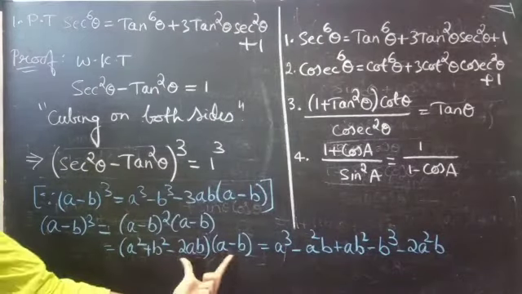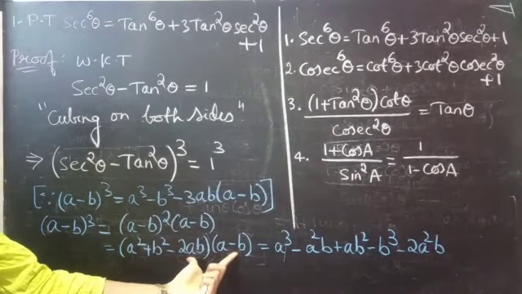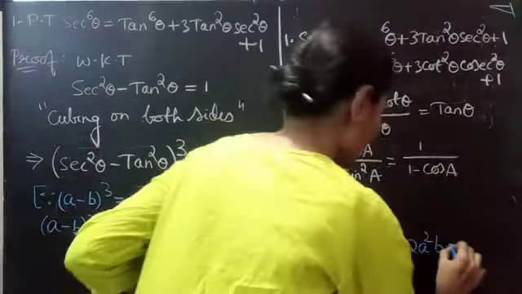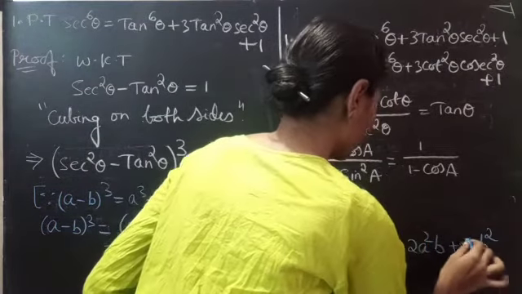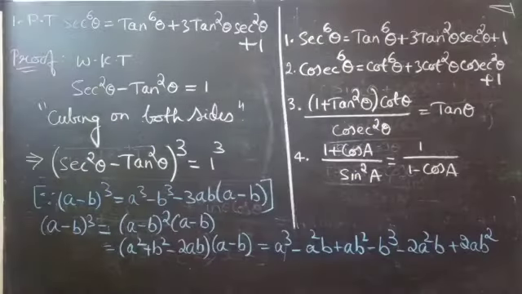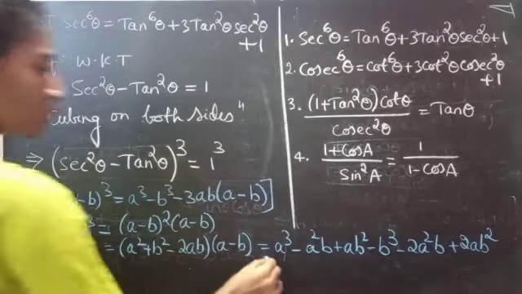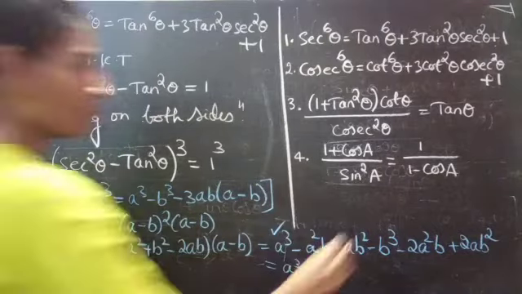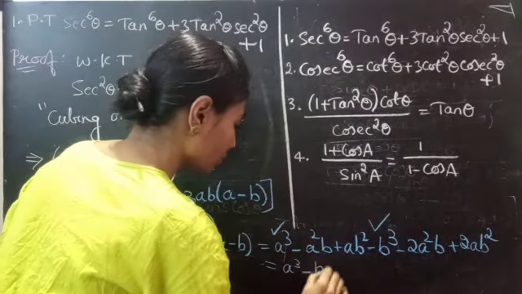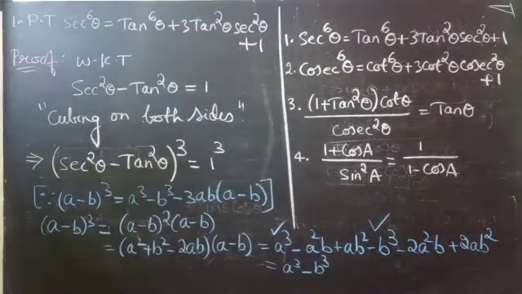Next, minus 2ab into minus b is plus 2ab square. So this is equals to a cube minus b cube. Okay.